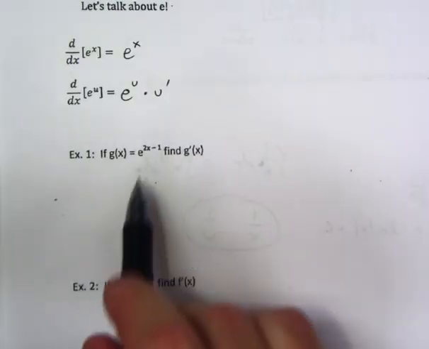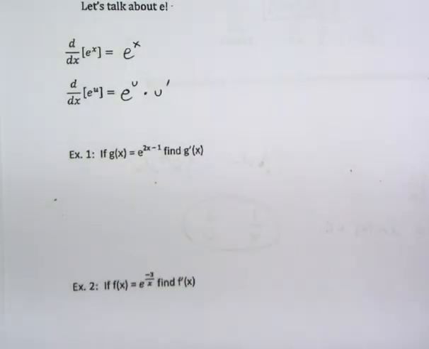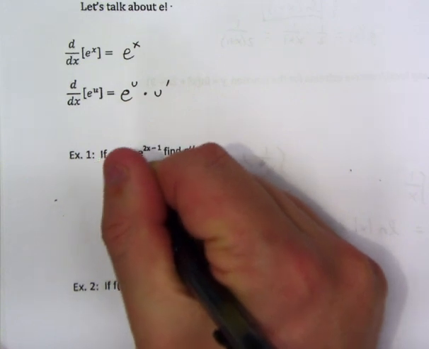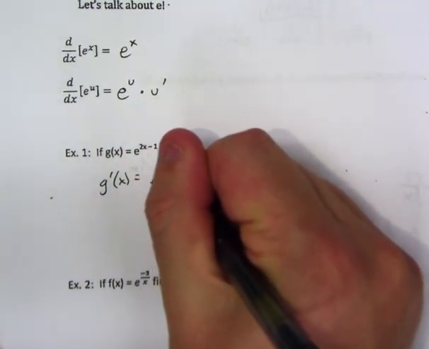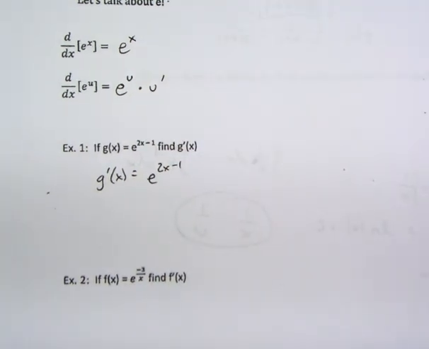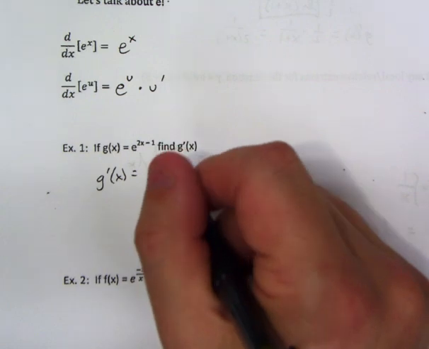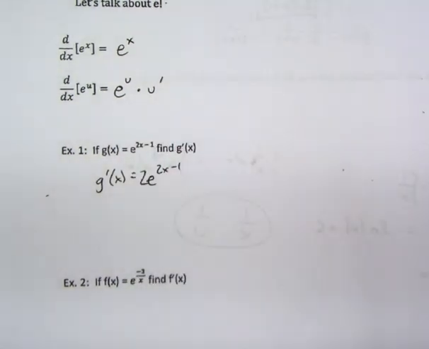So if I want to find the derivative of e to the 2x minus 1, it's exactly as you see it. It's e to the 2x minus 1. But then you have to multiply by the derivative of the exponent. So times 2. Let's put the 2 out in front right here. And usually that's the biggest issue, is people forget to multiply by the derivative of the exponent. It's pretty straightforward with e.